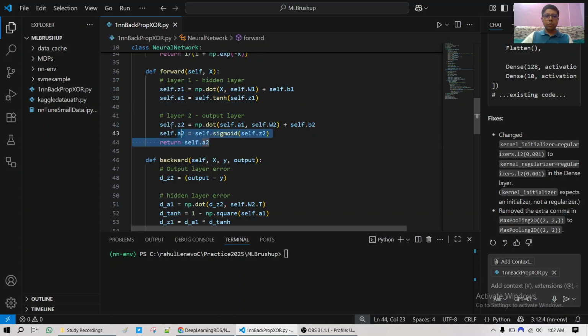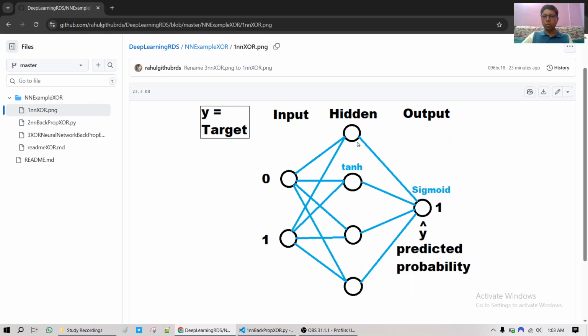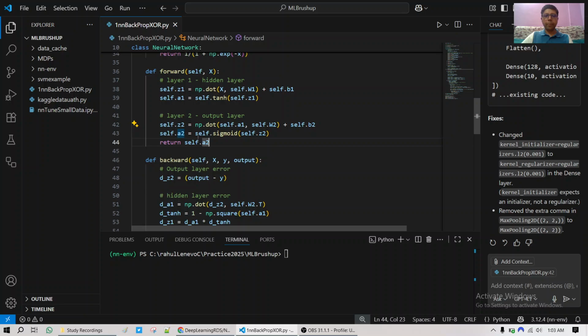And once we do that, we are going to use the output of this first hidden layer and provide it to the next layer. If you see, this is the output of the hidden layer, and we provide it to the next layer. So what is the next layer? Here the output layer is the next layer.